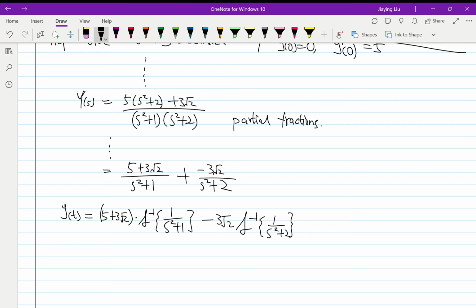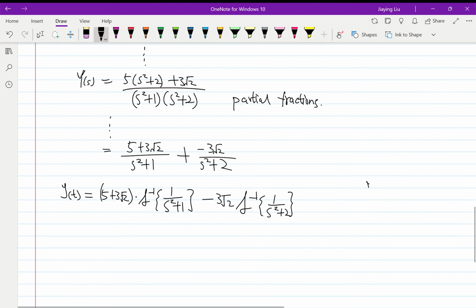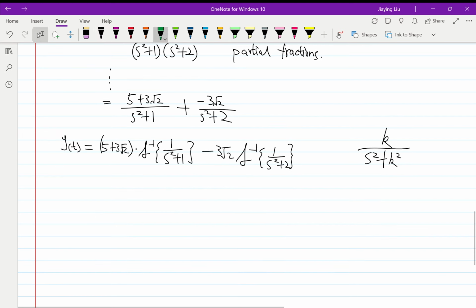So this is a good example because here we have s squared plus 1 in the denominator, so you can think of that as s squared plus k squared in the denominator. The numerator we want to be k or s, but we don't have s, we just have numbers, so we want the numerator to be k. The first one is relatively easy because we can just say k is 1. So we get k over s squared plus k squared.